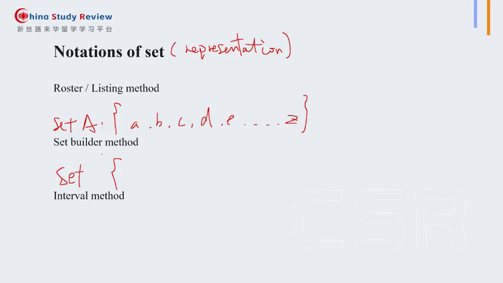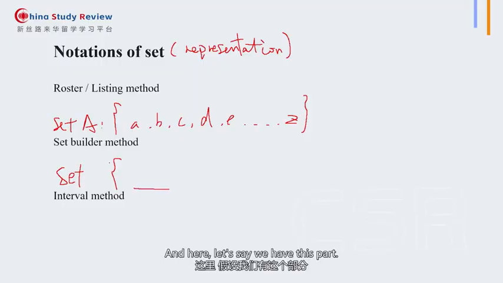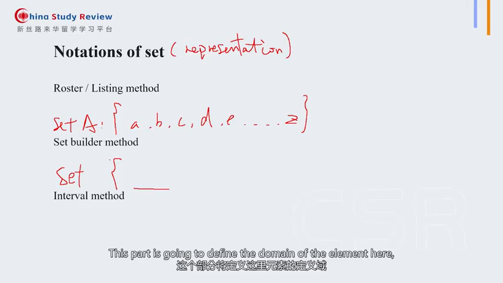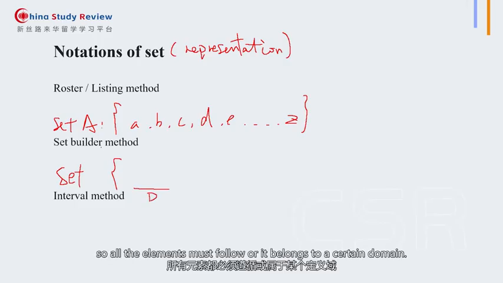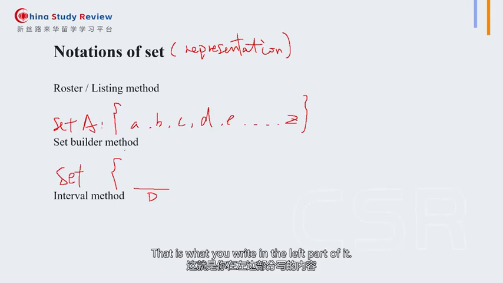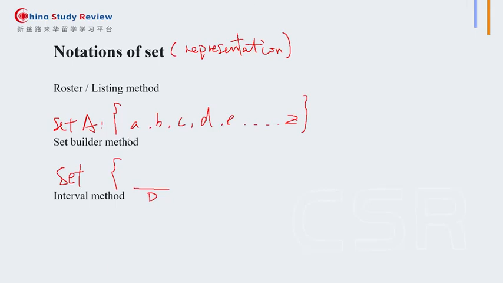Here we have this part, which defines the domain of the elements. All the elements must belong to a certain domain. That is what you write in the left part.